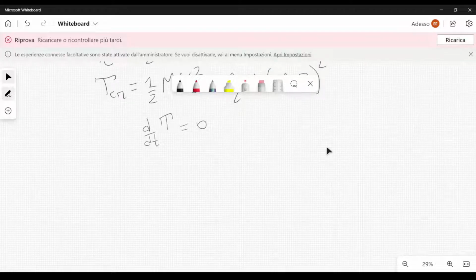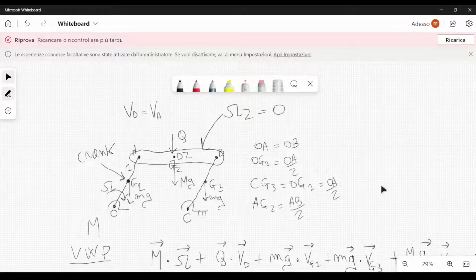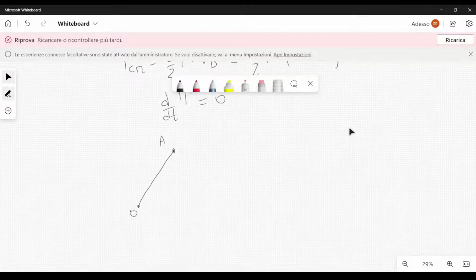Then let's also consider the first crank. So this is the point O. This was the point that we called A, right? Yes, it's the same notation.